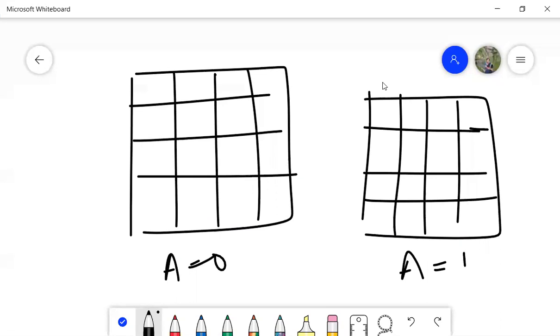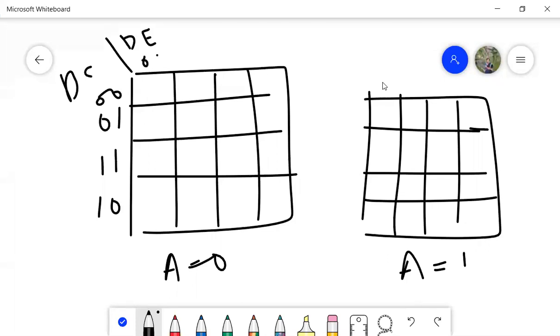This is B, C, and this is D, E: 0 0, 0 1, 1 1, 1 0, 0 0, 0 1, 1 1, 1 0. You should also complete this part which I've left vacant. You should do it. Okay.